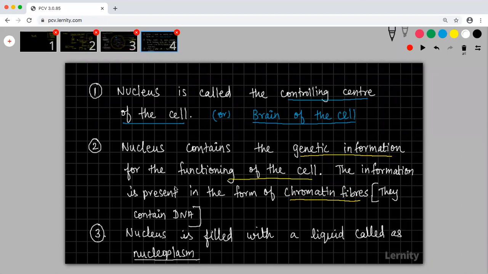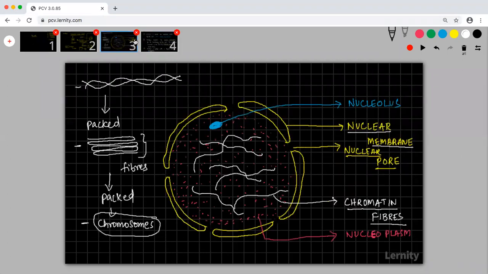What does nucleoplasm mean? Nucleoplasm means the fluid which is present inside the nucleus. This red color structure that I have drawn is the nucleoplasm.